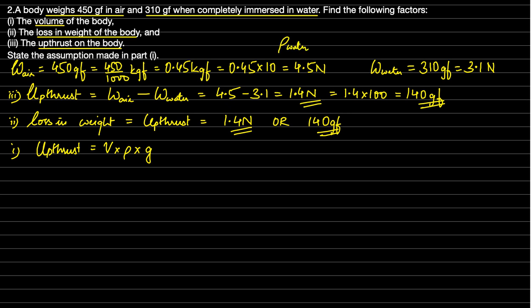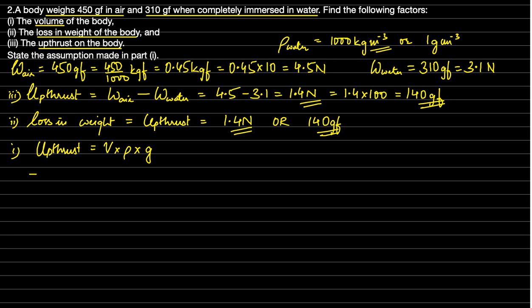It happens to be 1000 kg per meter cube, or we can write it as 1 gram per centimeter cube. So this is the SI part, 1000 kg per meter cube. Since we are doing everything in SI unit, I would be doing it in SI unit.